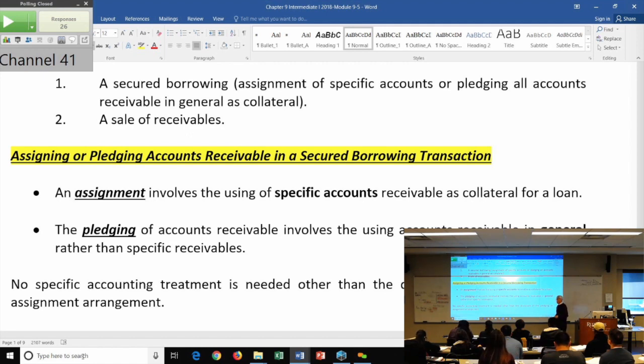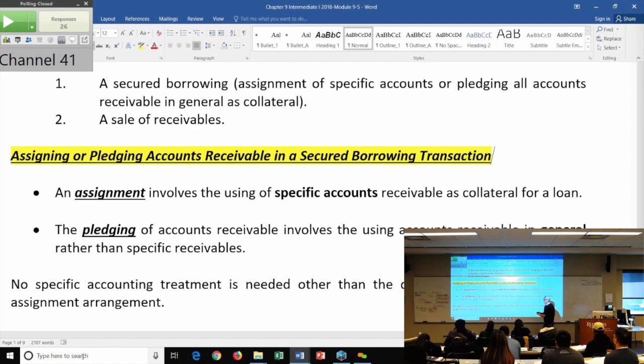You could either pledge all of your receivables as collateral, or the bank might say, I want to come in and audit your receivables, and I only want to give you a loan against specific accounts. I want to know what accounts are there, and sometimes those accounts are not transferred, but the payment goes directly to a lockbox or directly to the bank that you borrowed from.